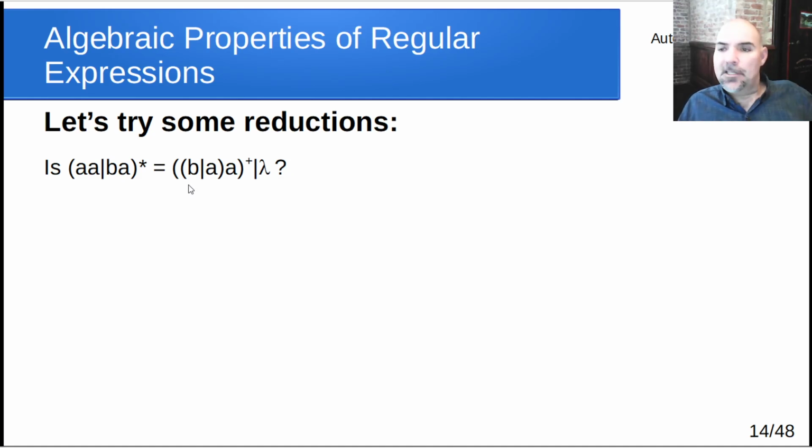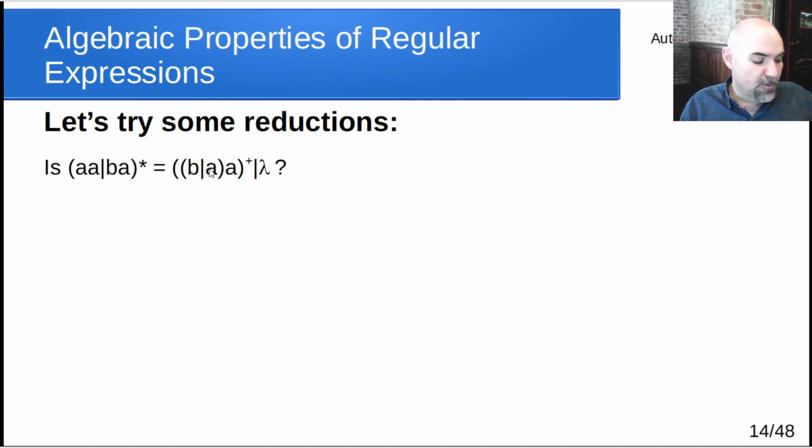Your first way of looking at this might be to try some strings in this and see if I can also get them with that one, or try some strings in that and see if they're in this. But you might not try enough of them because this language is infinite. There could be just one that's in this but not in that. So how do we know if those things are really equivalent or not?